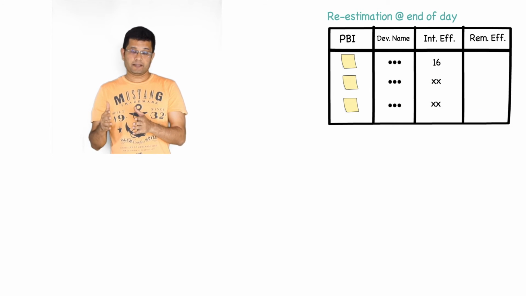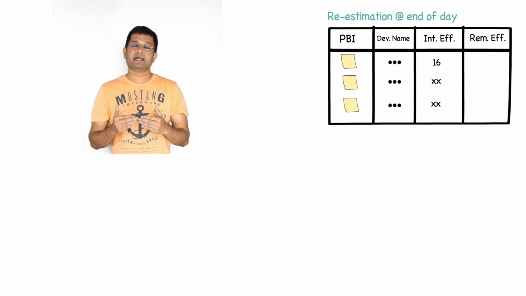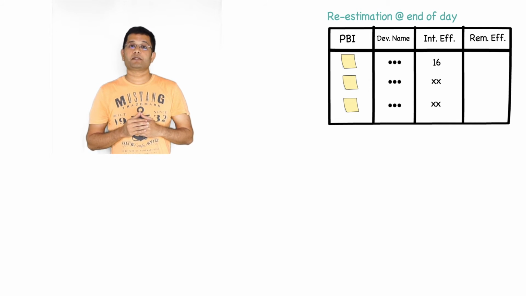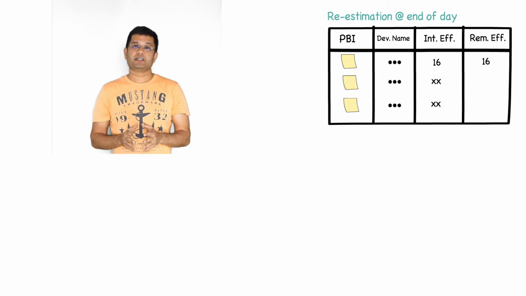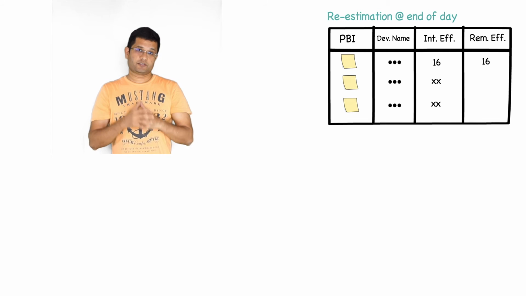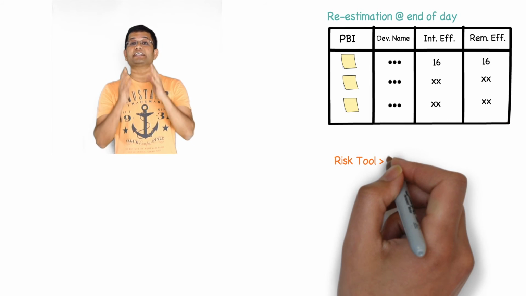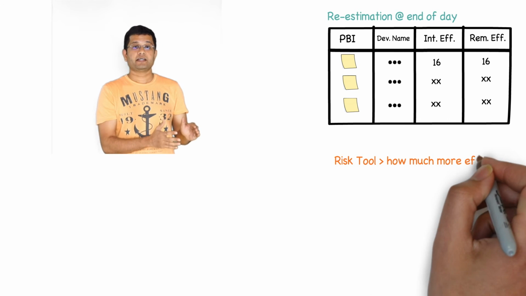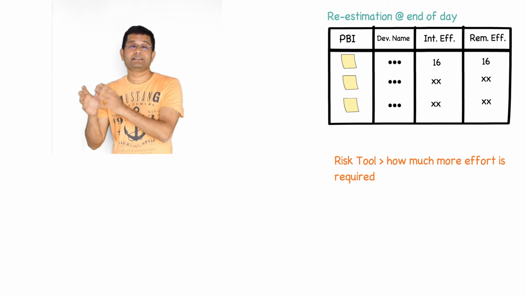At the end of the day, I have consumed 8 hours, but I feel that I need an additional 16 hours to complete the PBI. So in the tracker, I would be entering the remaining effort to complete this PBI to be 16 hours. Therefore, you should note that the emphasis is not on how much effort that I have spent on a PBI, rather it is on how much more effort is required to complete the PBI.